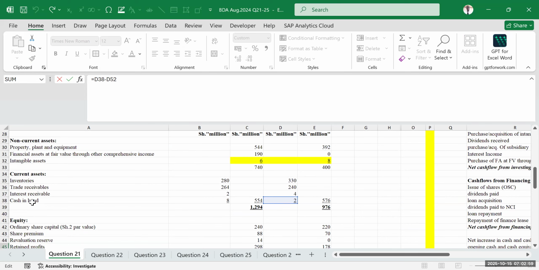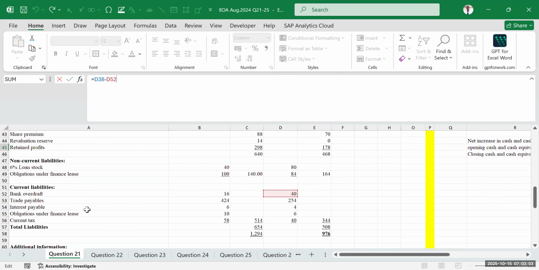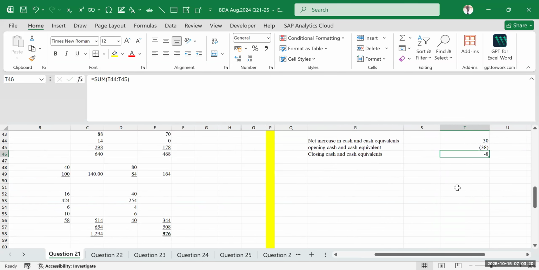In this case, we only have cash in hand at 2. Then we have the bank overdraft. We less the bank overdraft because it is also a cash and cash equivalent element. We deduct it because it's a liability. That's how I got negative 38.